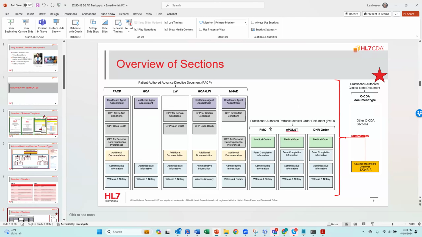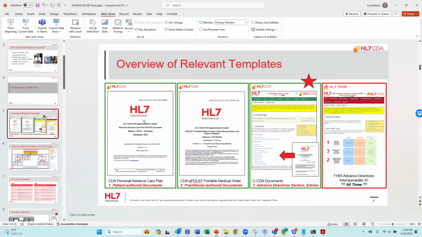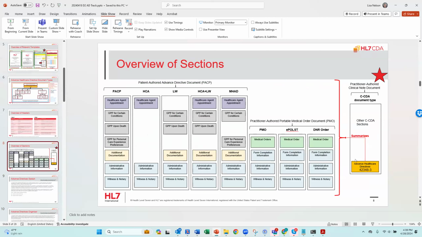And these came from other specs, work that had been done earlier. What we're focused on is how you put an advance directive section in a C-CDA document to summarize the information that's available in these deeper, other kinds of documents. That's what we're really getting at: the need to produce some high level summary.